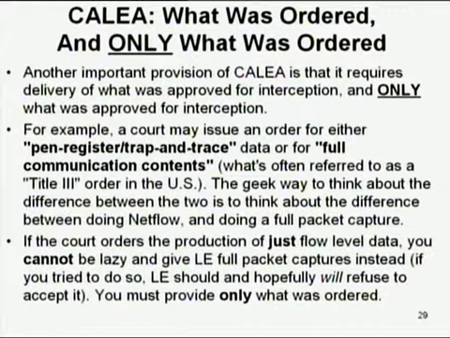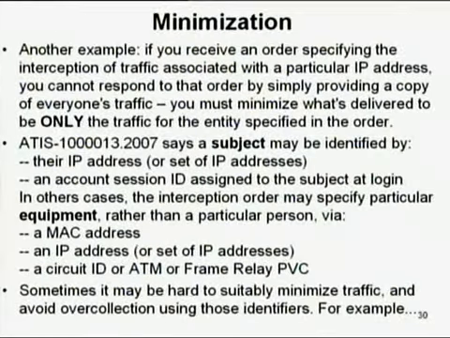But you can't go ahead and provide more than folks actually require. You can only give them what they have been ordered to deliver. So if you had something specifying only interception of traffic for a particular IP address, you can't respond with that IP address's traffic and all the other traffic coming through a link. You can only go ahead and give them what was ordered.